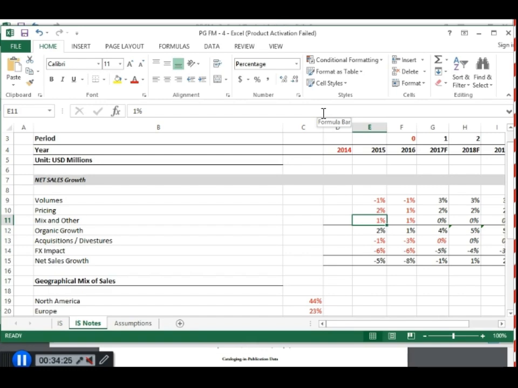Maybe you sold more of those products which had a higher price point. So even if your volume grew -1% and prices increased 2%, revenue should increase 1% only, but revenue is increasing 2%. Why? Because you sold more of those in which prices were higher. That is about mix.